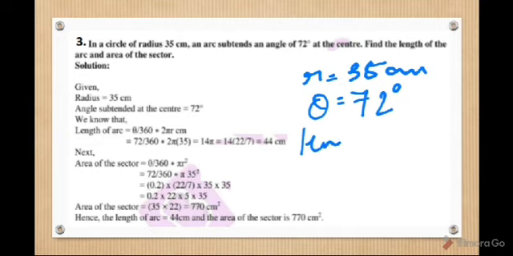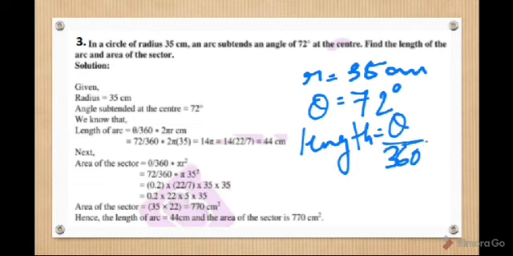Obviously length of the arc will be, what is the formula, theta by 360 degree into circumference of the circle, that is 2 pi r. Now in place of theta put 72, in place of r put 35 and do the calculation. Okay, it will be 44 centimeter.